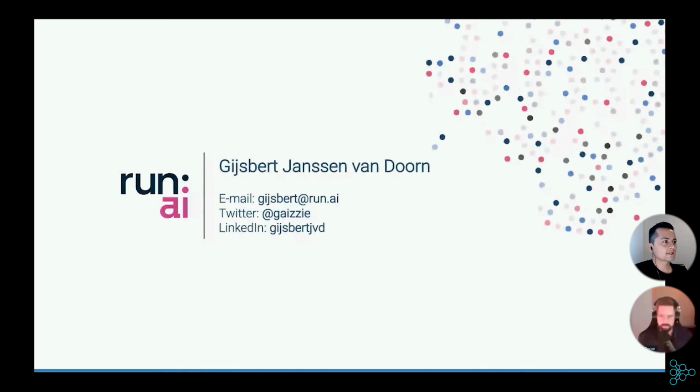We support the hybrid approach, so we can add cloud resources to our platform and start using them. As soon as you add those resources to Run AI, we are ready to take them on and distribute them across the workloads that need them. We support all the major cloud vendors: AWS, Google, and Azure as well. So that's definitely something that we support and see happening, those burst types of questions.